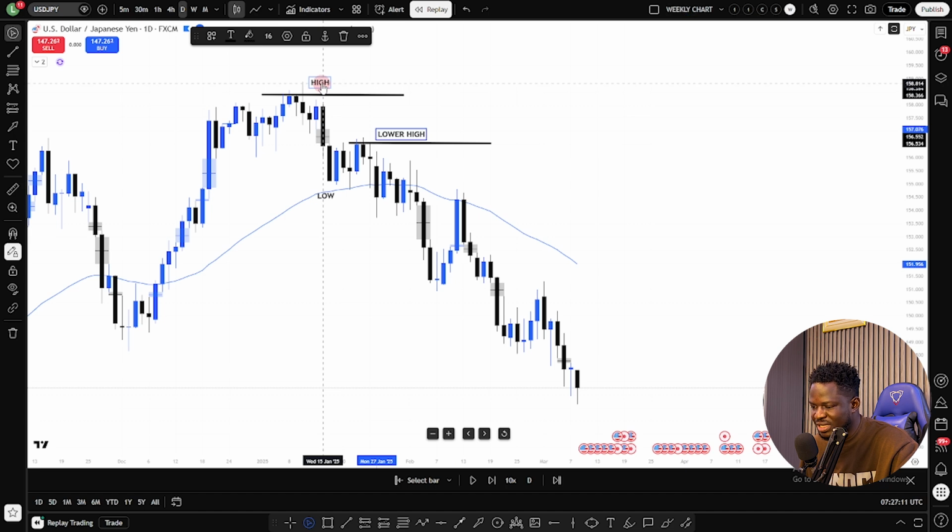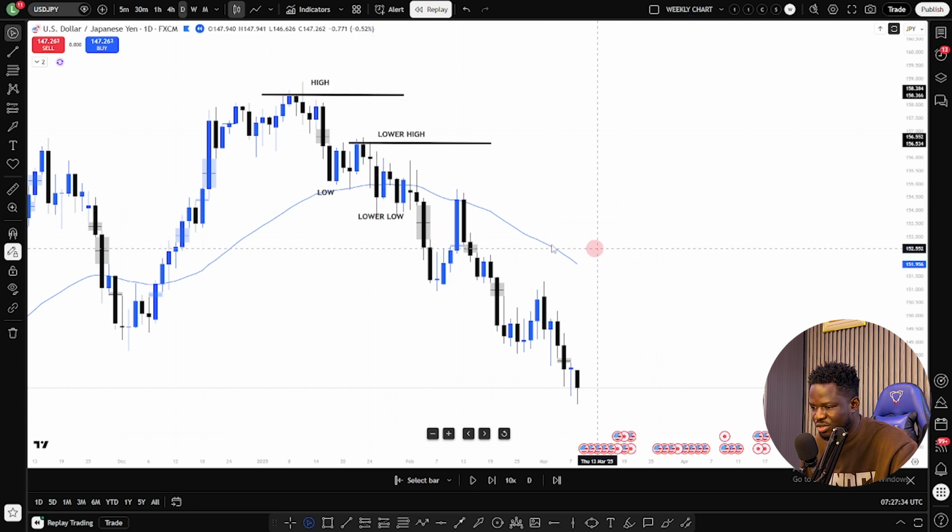It is lower than this high here. Then what happened? The price sold from this lower high to this zone to give us a new low. We are not going to call this place new low because this low is lower than this. So we will call this place lower low. These are the properties or features of bearish market condition.